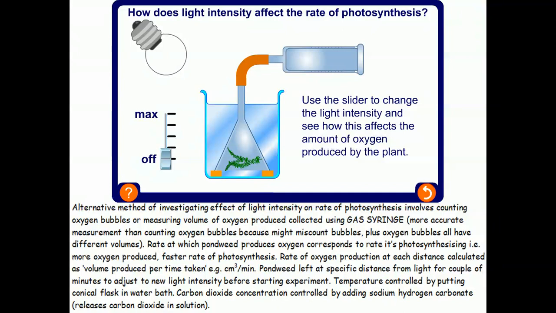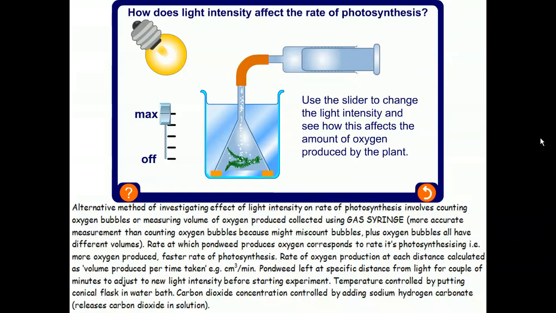Other ways of measuring the effect of light intensity involves using a gas syringe to collect the oxygen bubbles, and that's because you could also count the number of oxygen bubbles, but measuring the volume of oxygen is more accurate, and that requires the use of a gas syringe.